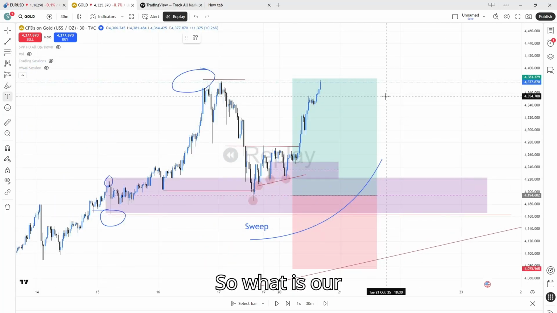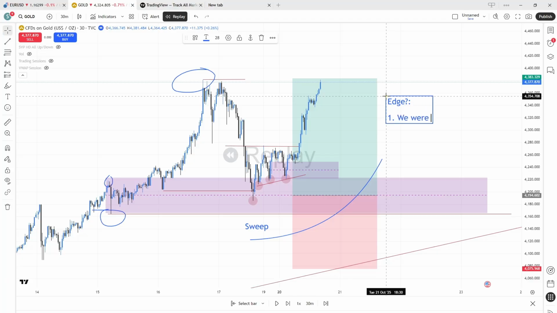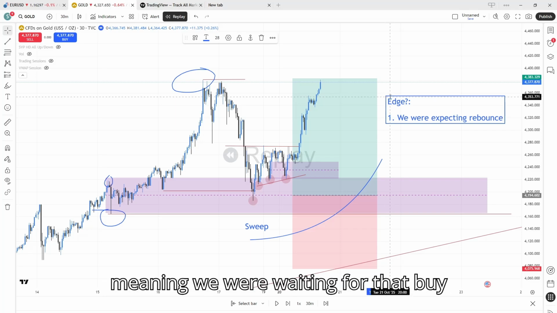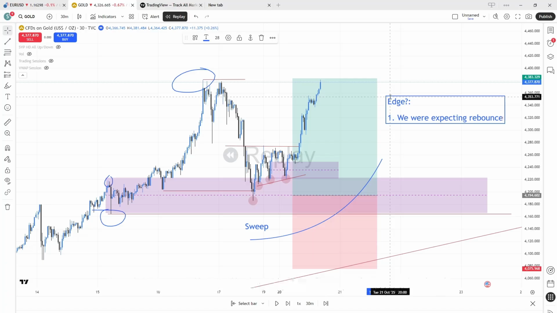So what is our edge? Remember, we were expecting a rebalance in price, meaning we were waiting for that buy potential, right?